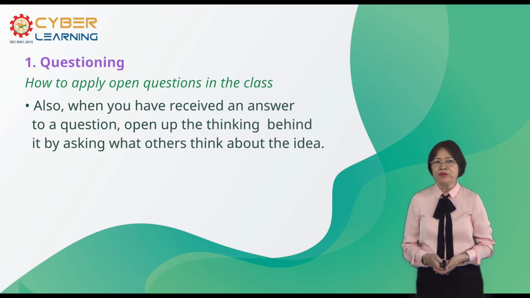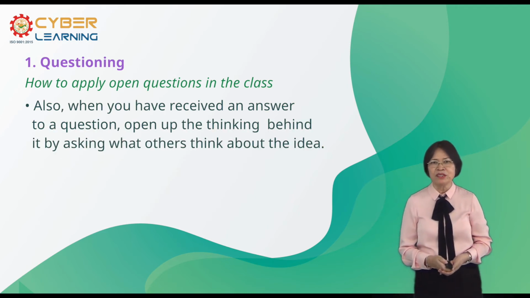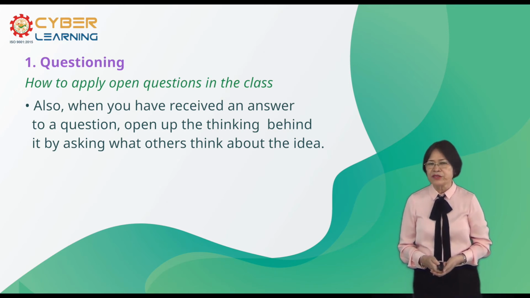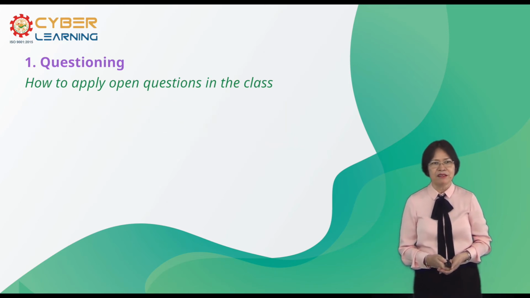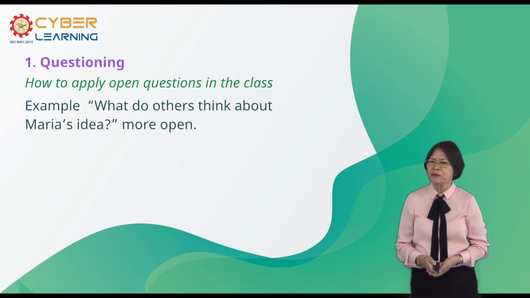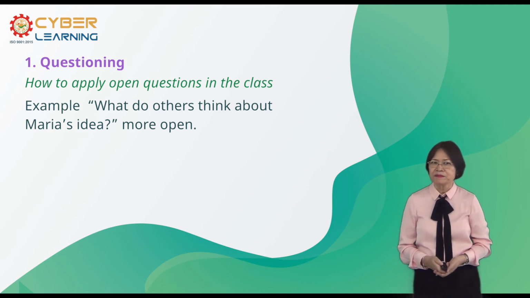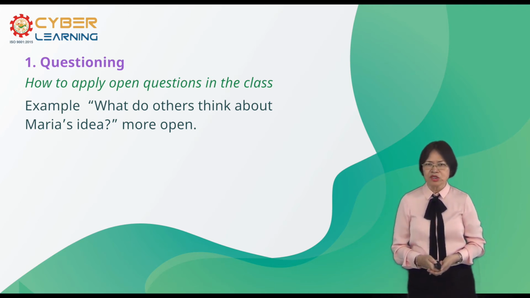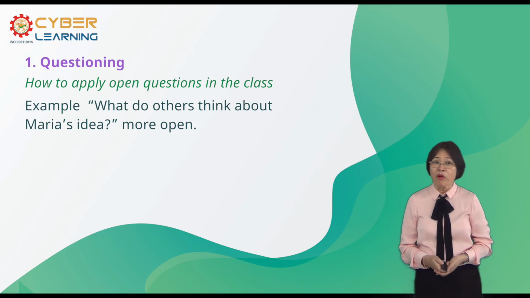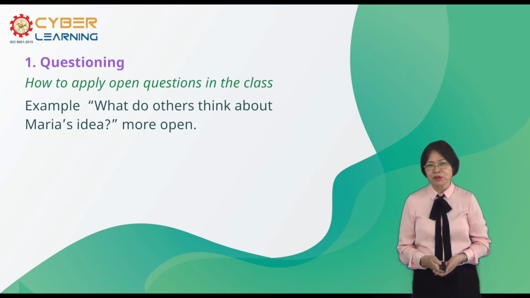Also, when you have received an answer to a question, open up the thinking behind it by asking what others think about the idea. For example, you can ask, what do others think about Maria's idea? This kind of question will motivate and encourage others to think more about the question.